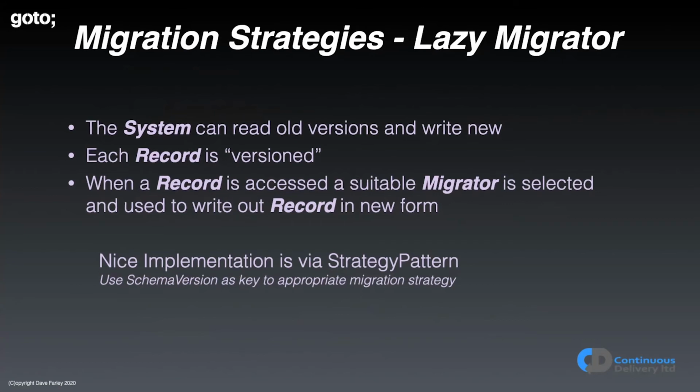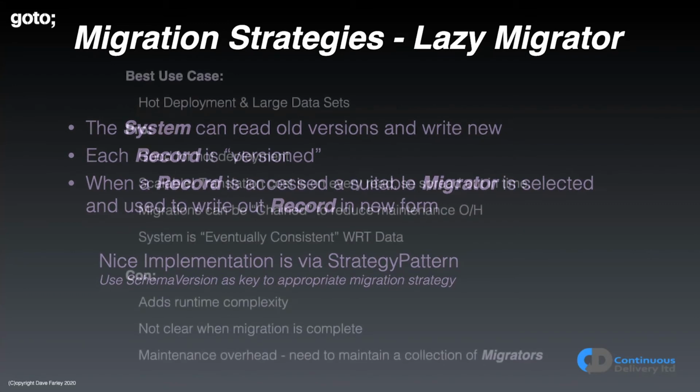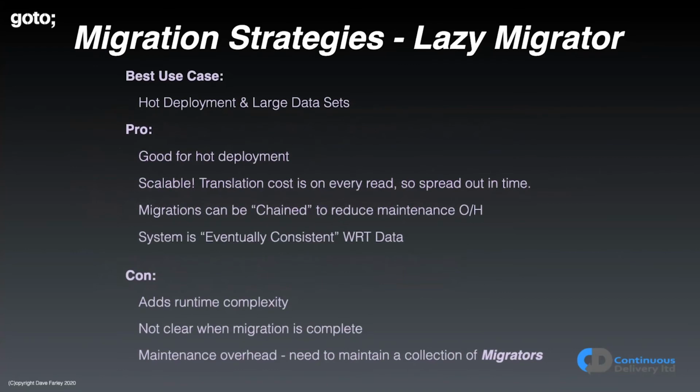When a record is accessed and is an older version, a migrator is selected that is able to translate from that old version to the current version, and it will write out a current version of that record. Again, this is best implemented via a strategy pattern using schema version as a key to identify which migration strategy to pick. This is very good in hot deployment environments with very large data sets.